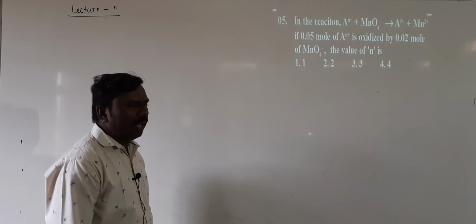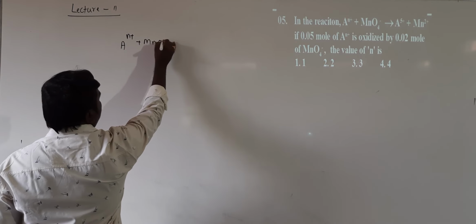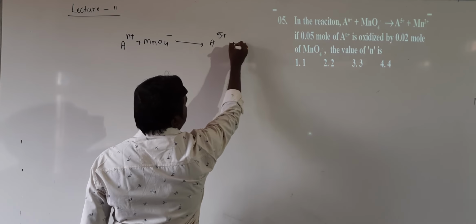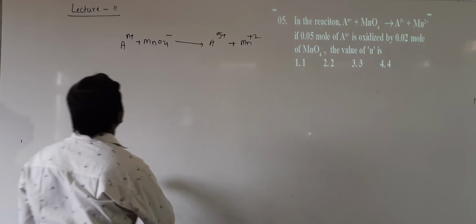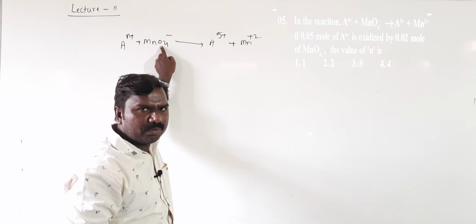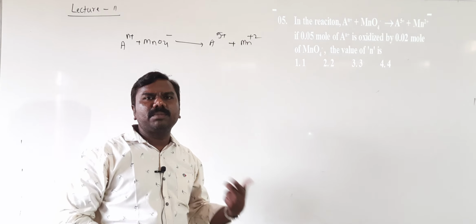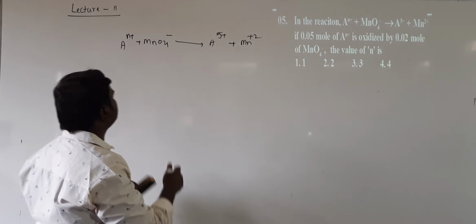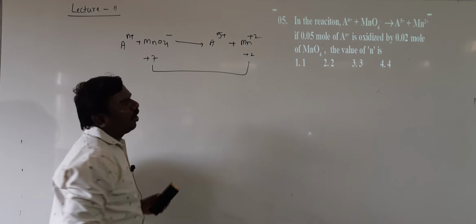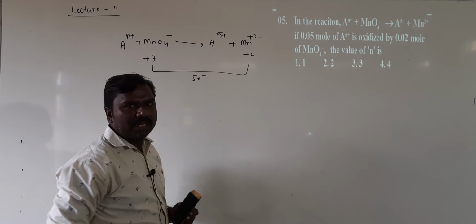The value of n is asked. In MnO4, 4 oxygens carry minus 2 each, 4 into minus 2 is minus 8. Minus 8, 1 must be removed, so minus 7 must be equal to 0, that is plus 7 for Mn. Plus 7 is converted into plus 2. It means how many electrons are gained here? 5 electrons, right? Gaining means reduction.